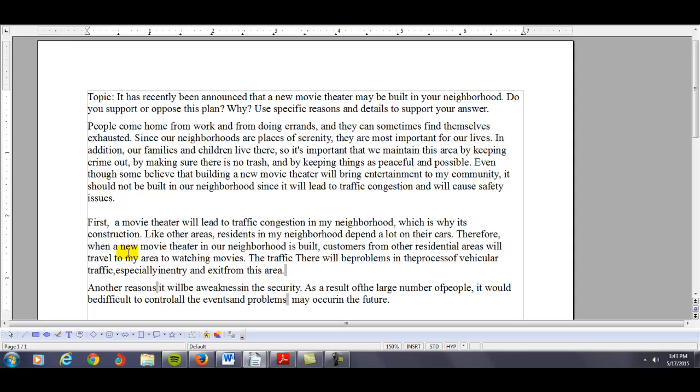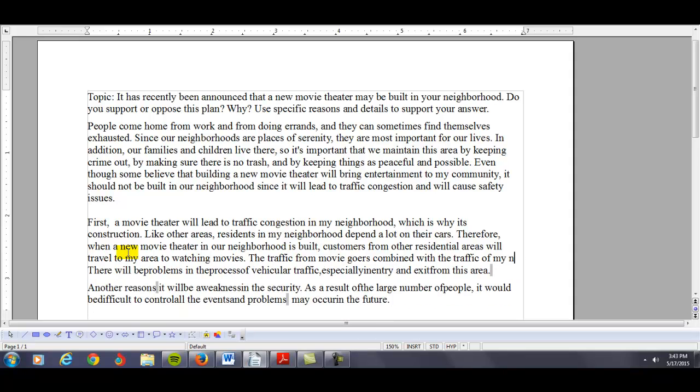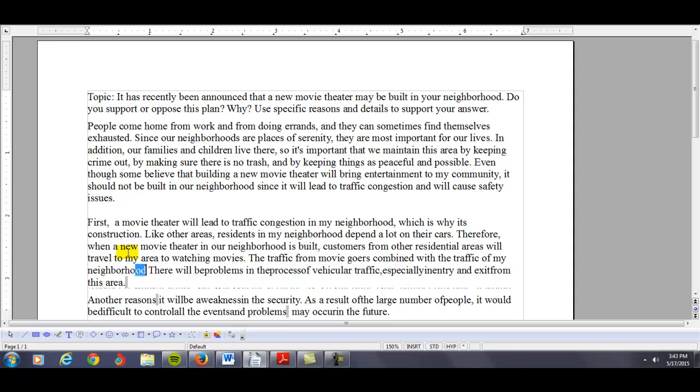The traffic from moviegoers combined with the traffic of my neighborhood.